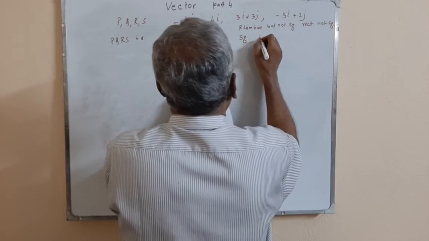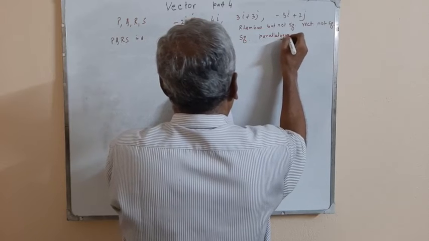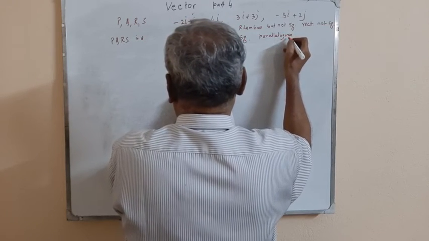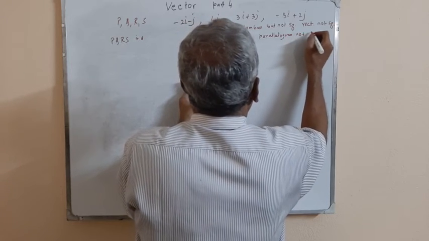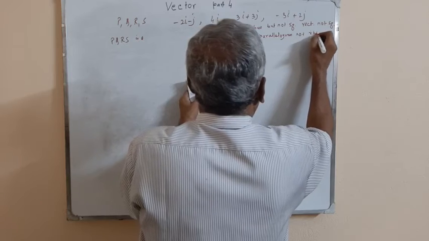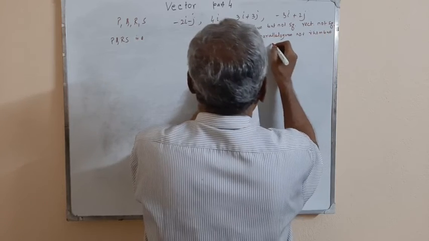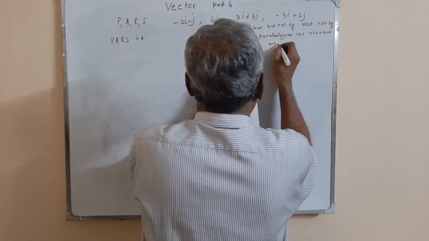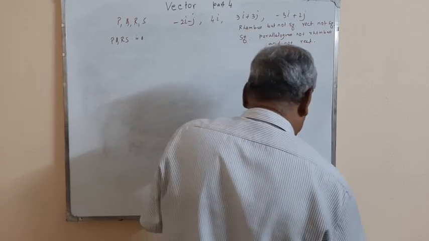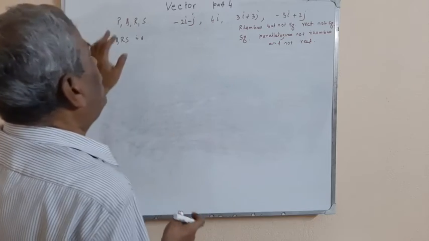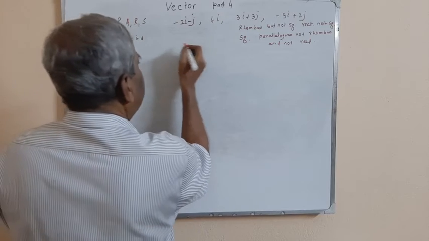And the fourth one is parallelogram but not rhombus and not rectangle. So it is very clear, 4 points are given, so it is a four-sided figure, PQRS.